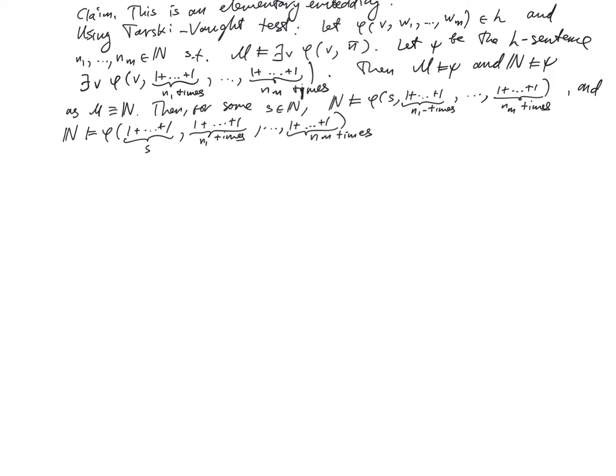Now note that the latter is again an L sentence. So we have that M, which is elementarily equivalent to N, satisfies phi of 1 plus 1 plus 1 plus 1, s times, and the rest is the same.